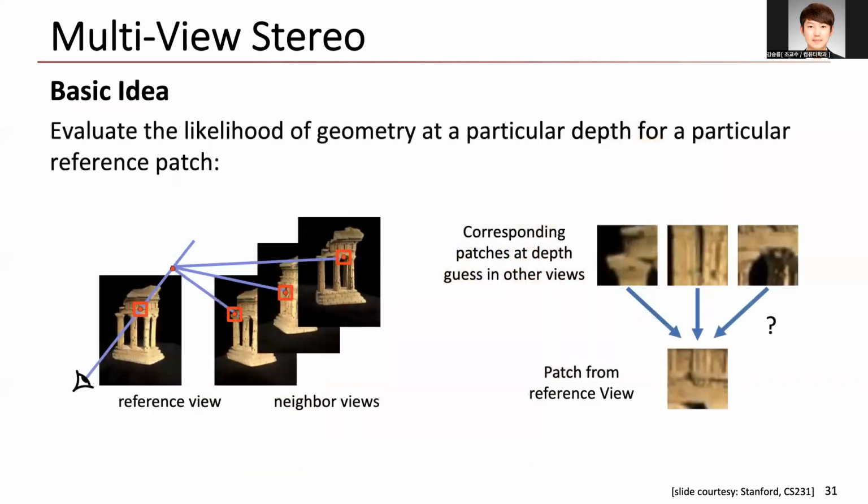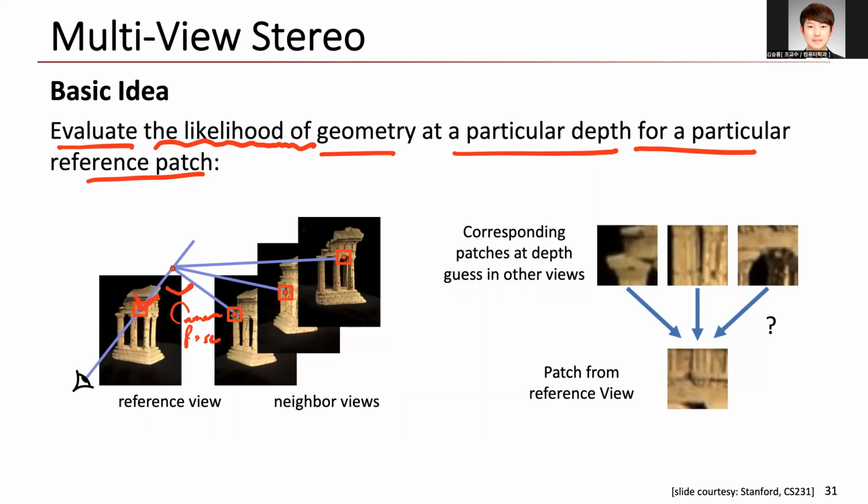In other words, we evaluate the likelihood or probability of the geometry at a particular depth for particular reference patches. For example, if we want the depth for this pixel, by considering the camera pose difference between the reference view and the nearby view, we can find the corresponding pixel at a particular depth, like this.